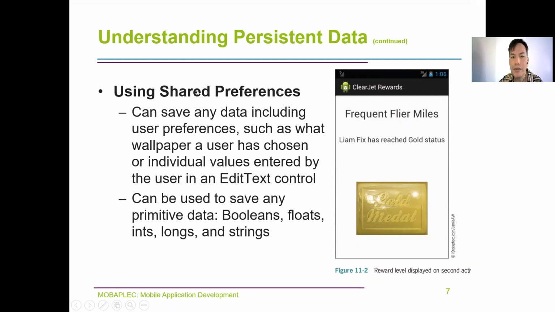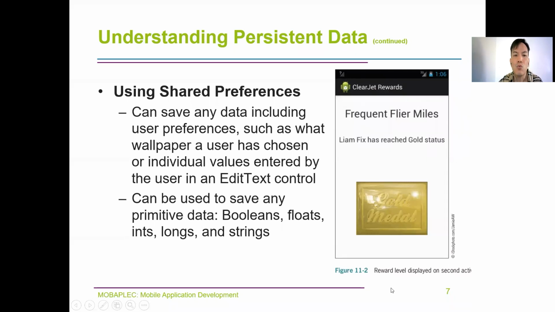And after that definition, we also have using shared preferences. So you can save those preferences in a particular process through the edit text control in your layout in XML format. Okay, you could use that based on the given figure.